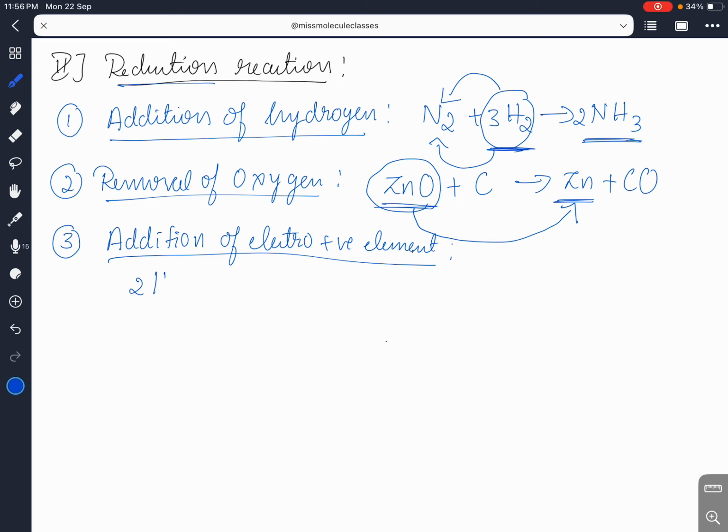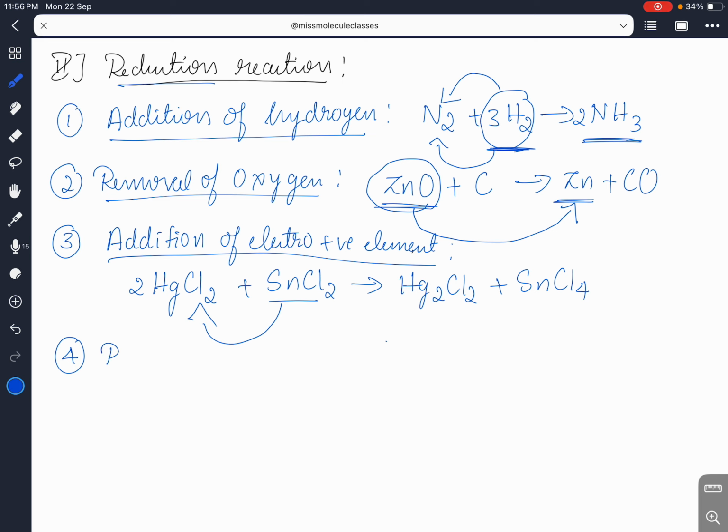Consider the example where mercuric chloride reacts with SnCl2 to give mercurous chloride, along with SnCl4. We are adding an electropositive element. The addition of electropositive element is termed reduction reaction.